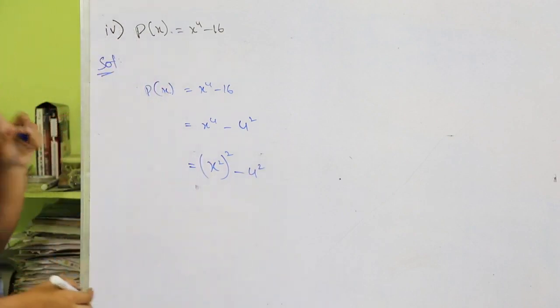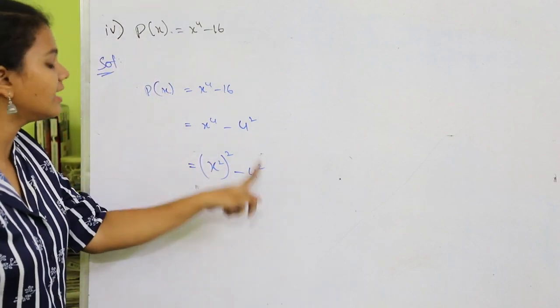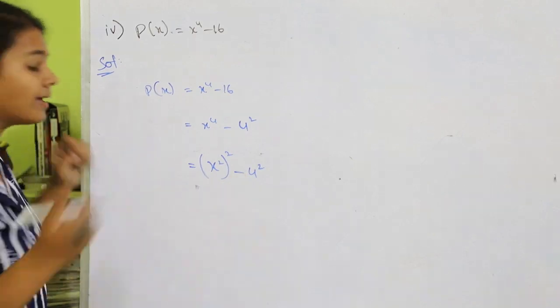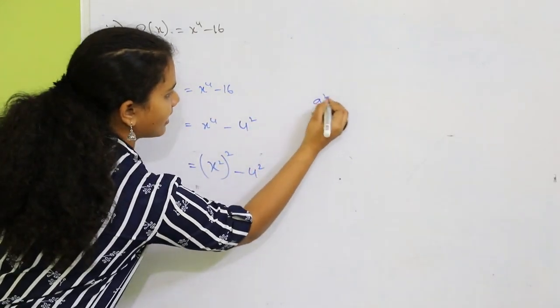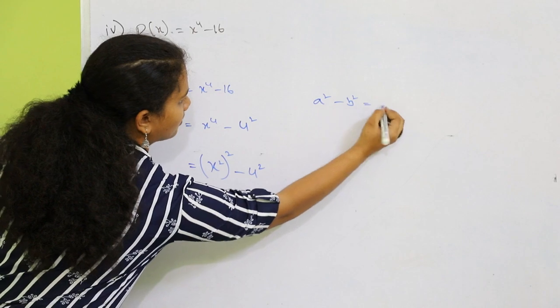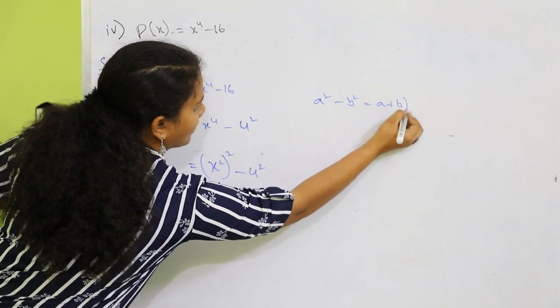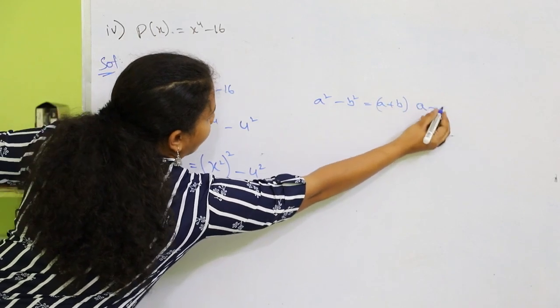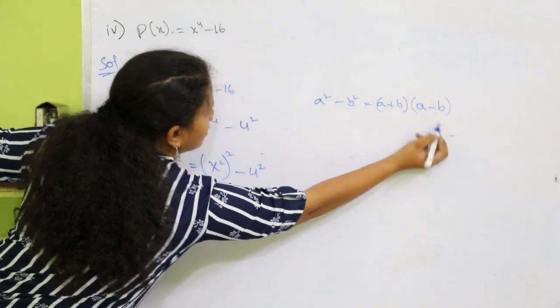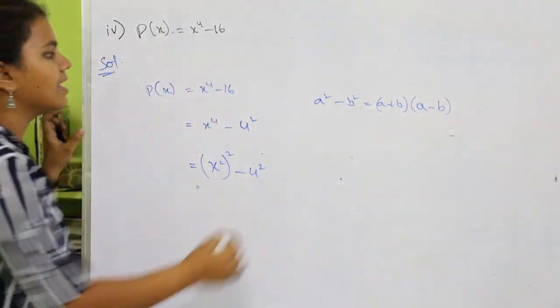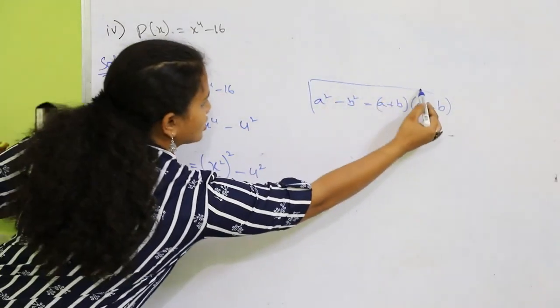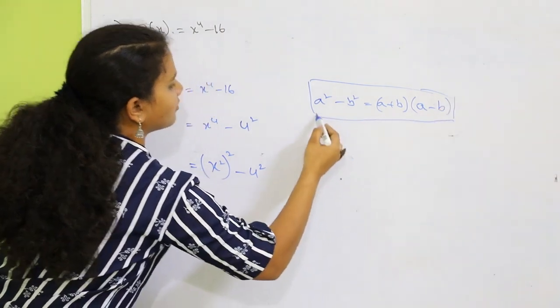Clear? Now, x square minus 4 square reminds me of the formula a square minus b square equal to a plus b into a minus b, right? We know this formula.